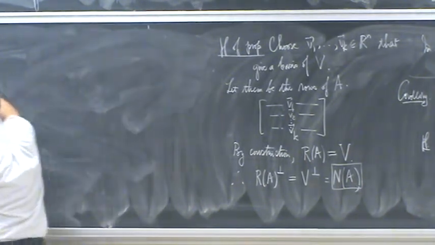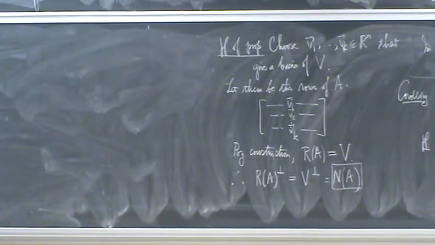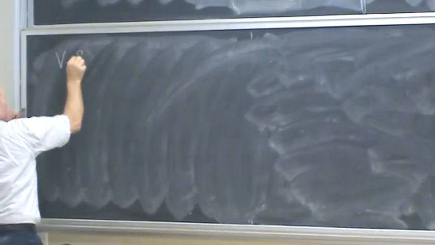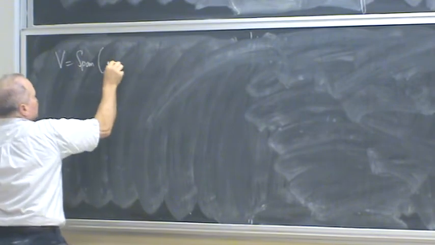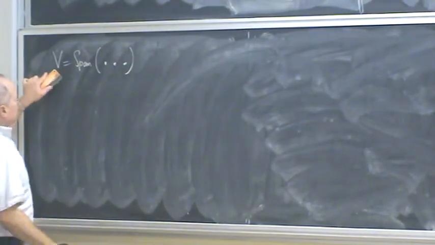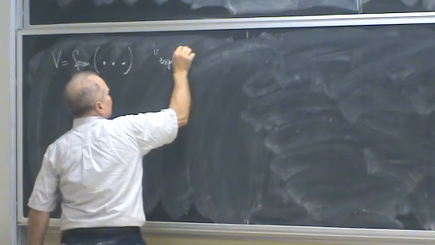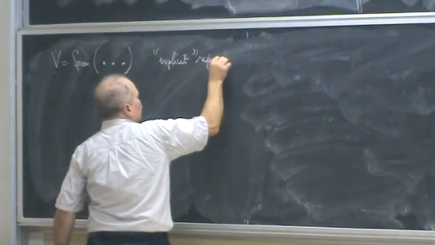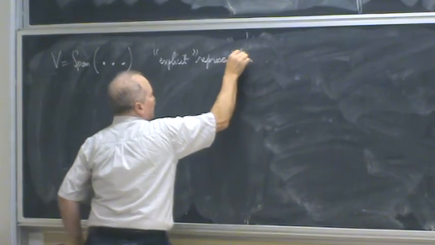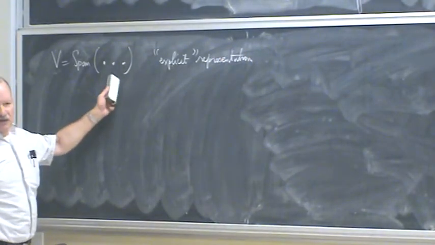So I'm back to what's going to be a major theme that I'll start discussing tomorrow. When you say V is the span of a bunch of things, you're representing V in explicit form. You're basically saying any vector in V is a linear combination of these vectors.